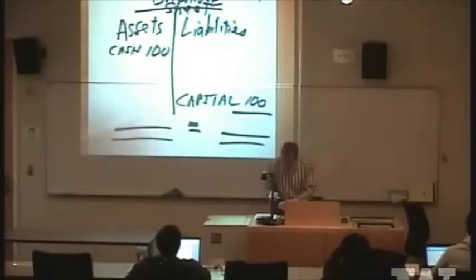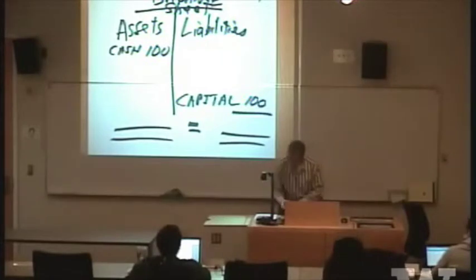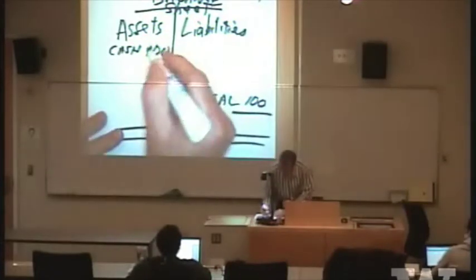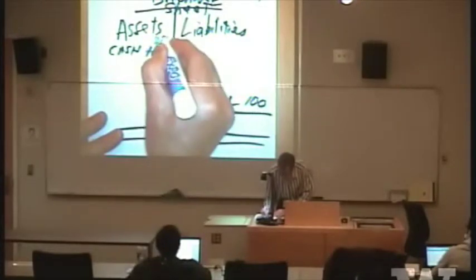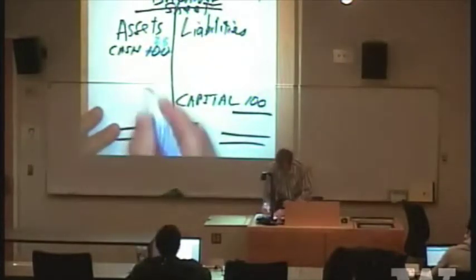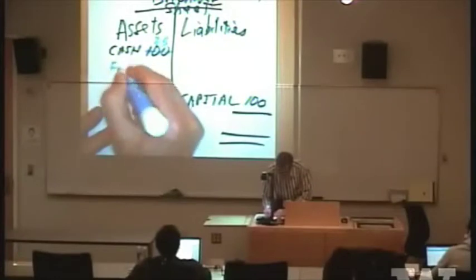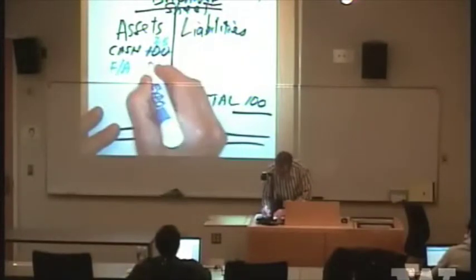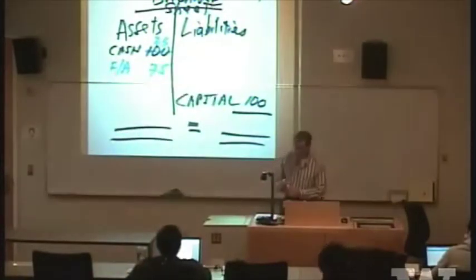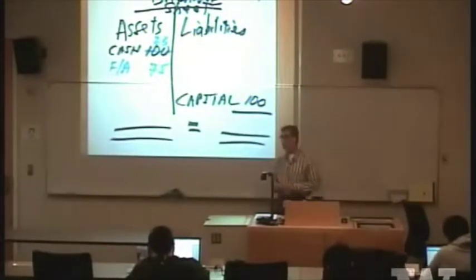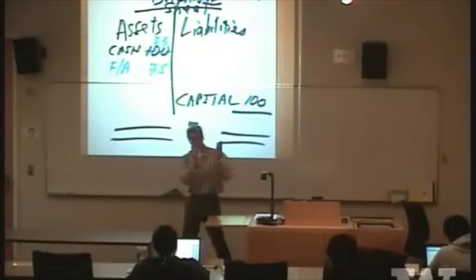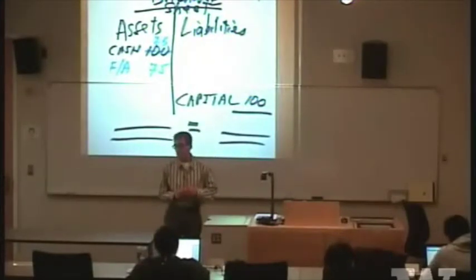So now, after that transaction, we have 25 of cash, and we have fixed assets of 75. Okay, still 100 equals 100. All we've done is affect the asset side of the balance sheet.